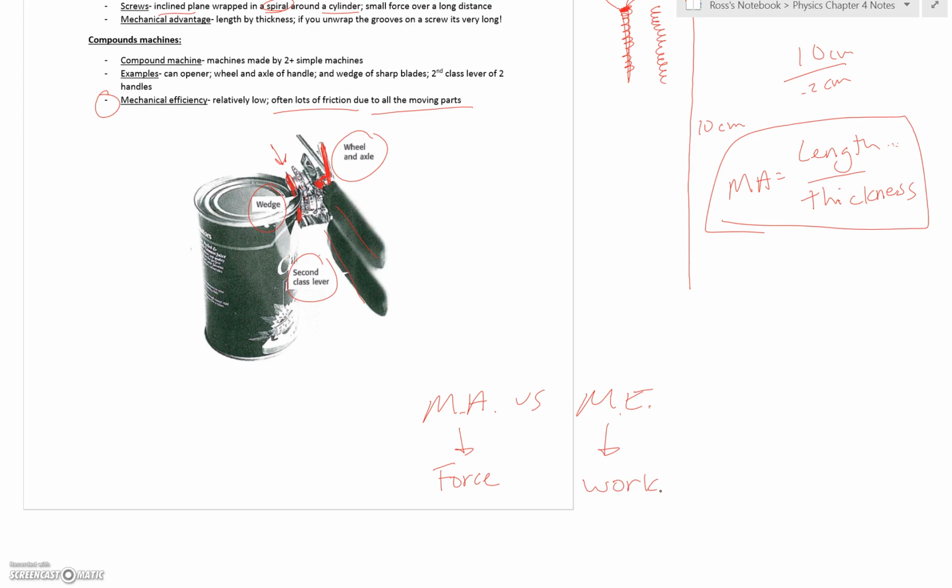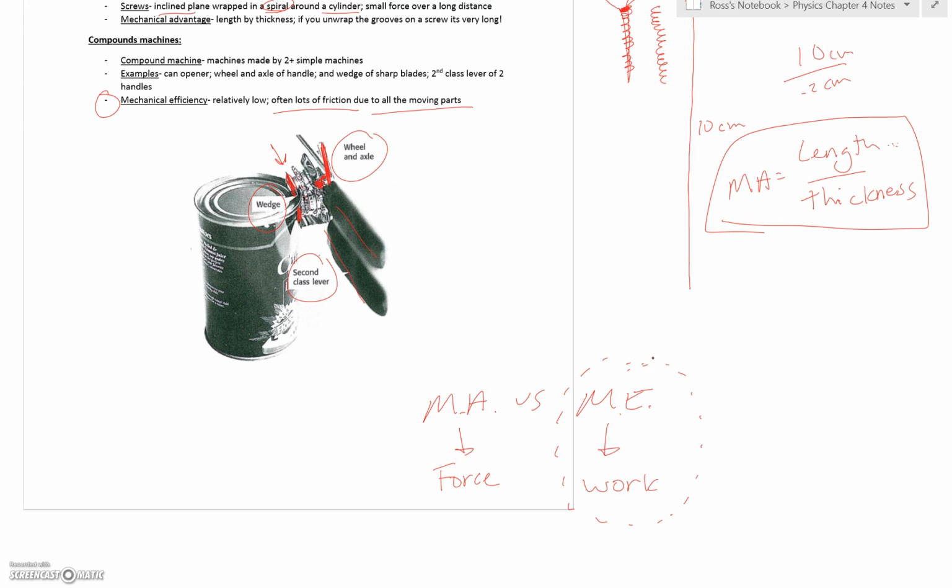It multiplies the force by 10. However, some of that force is going to be spent overcoming friction, which means that it's not actually doing as much work on the object as you want because some of the force is being wasted, right? It's being sent off to dealing with friction. So still a good tool, but not totally efficient, right?